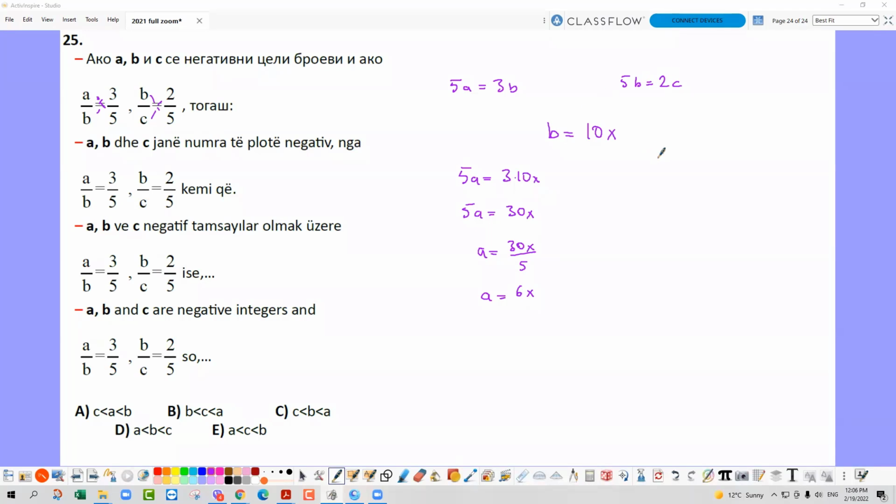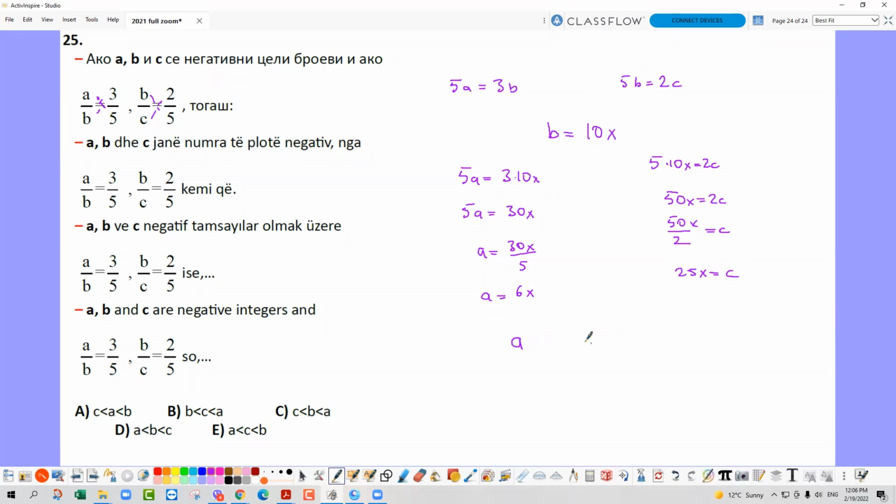Again, on this side, 5 times B is equal to 5 times 10x, which is 50x, equal to 2C. 50x over 2 is equal to C, so C is equal to 25x.